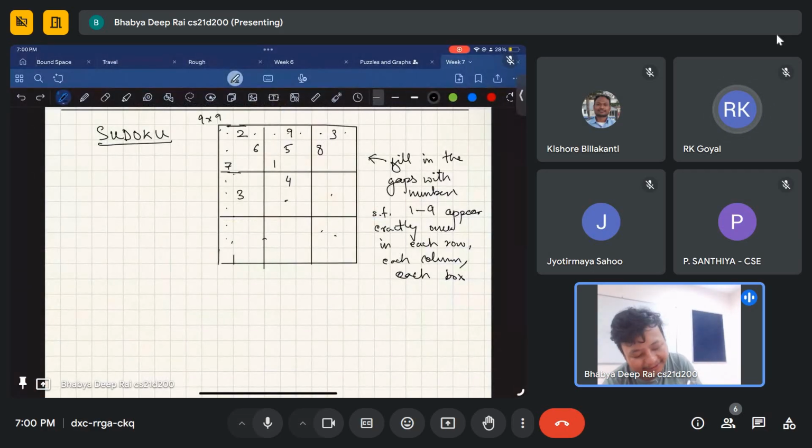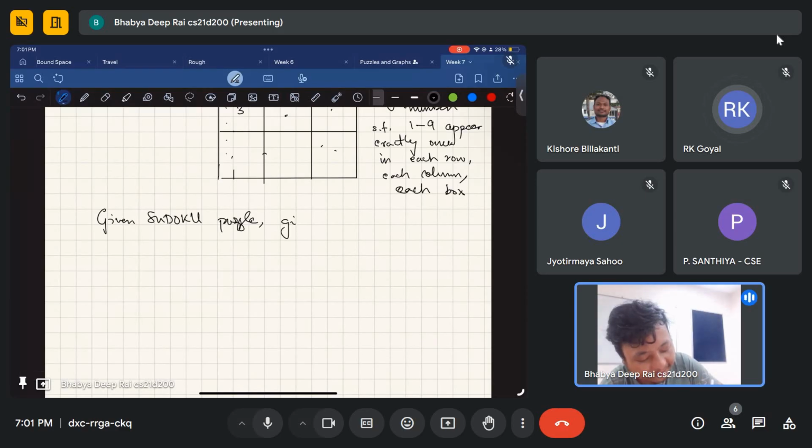But what are we interested in? If I ask you, is Sudoku solvable? Given a Sudoku puzzle, give an algorithm to solve it.